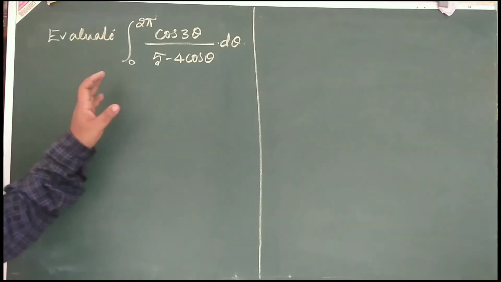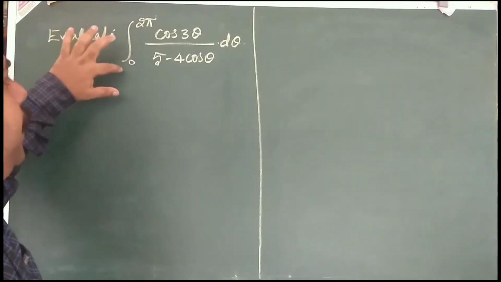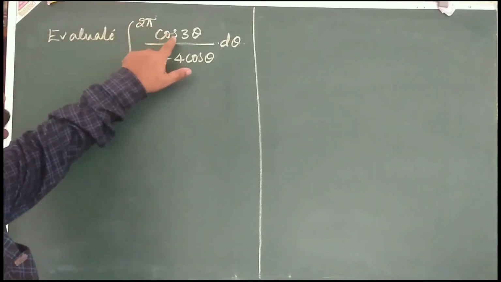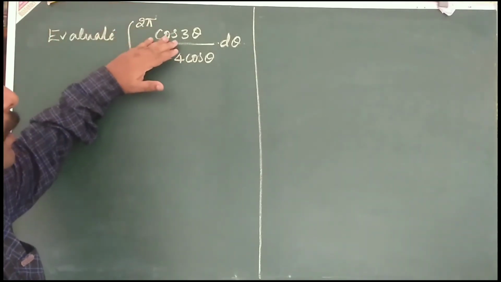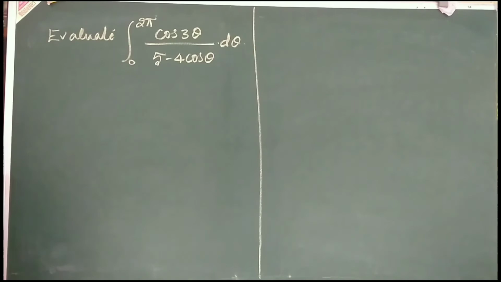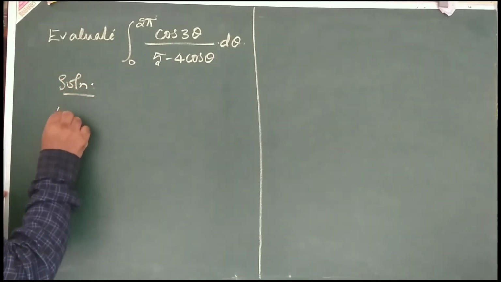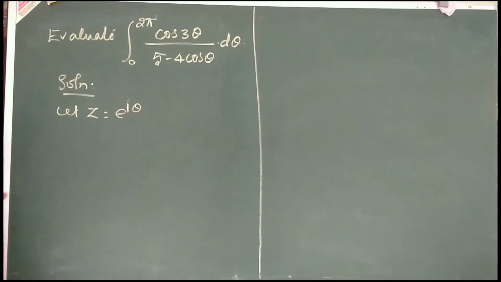So the question contains limits 0 to 2 pi. Therefore, we can take z is equal to e raised to I theta. Now, what is the numerator? Cos 3 theta. So, same as the previous one. Cos 3 theta can be written as what? So, solution, let z is equal to e raised to I theta.